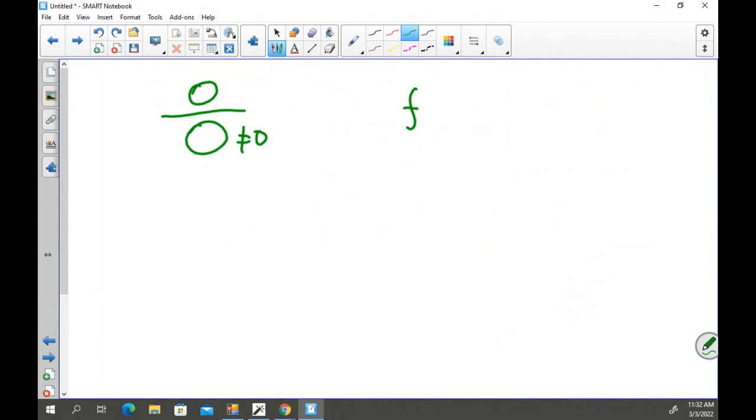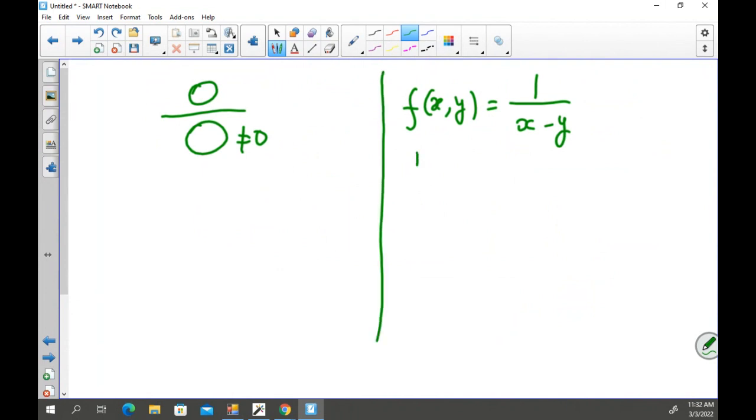For example, if I give you this function, just a little bit of a review, I want to see what is the domain of this function. What is its domain?